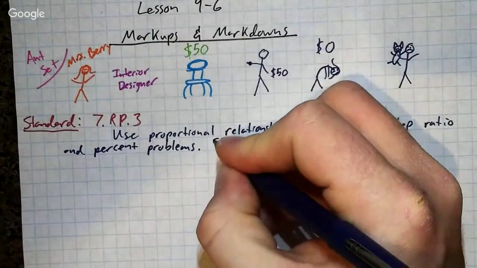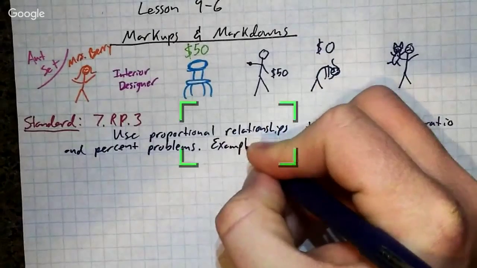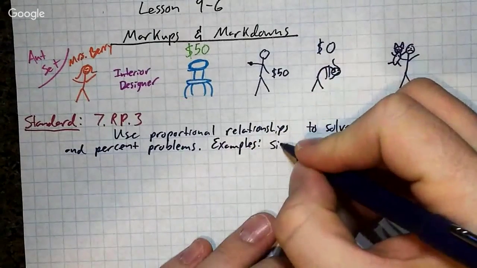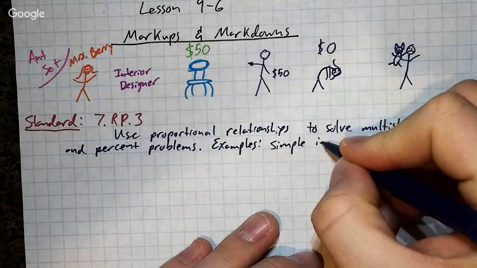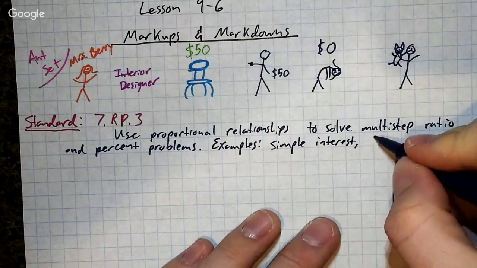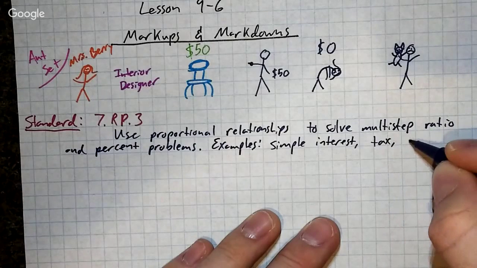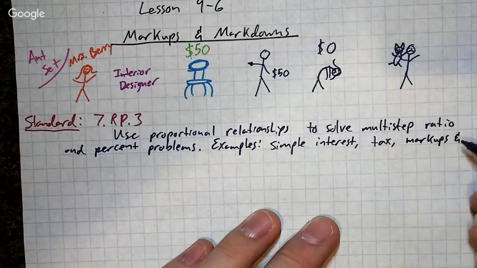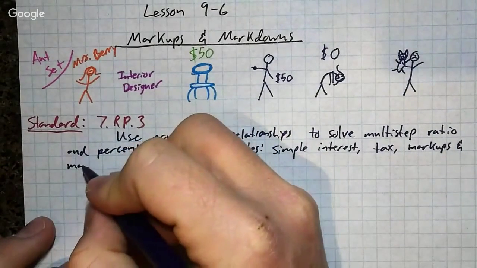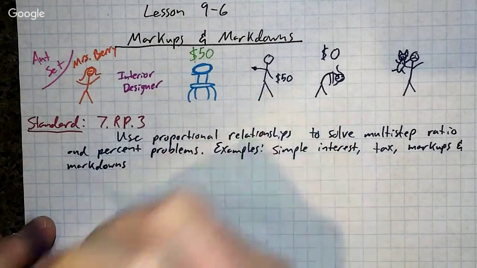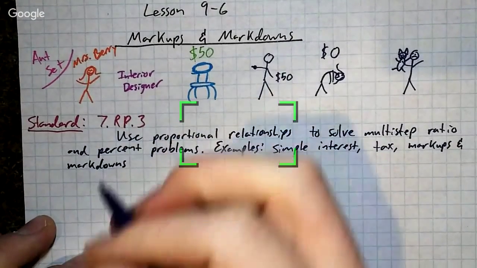Now, some of the examples, I'll only write this down if you want to, are simple interest, tax, and then here we go, markups and markdowns. So you can see exactly what we're focusing on, the markups and markdowns.